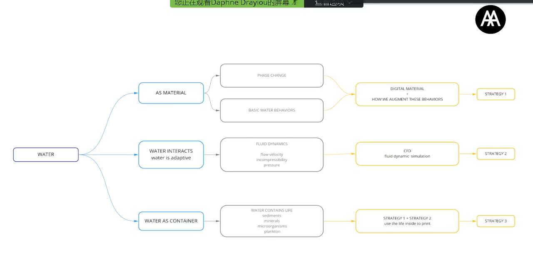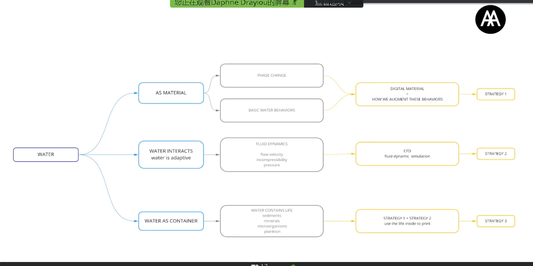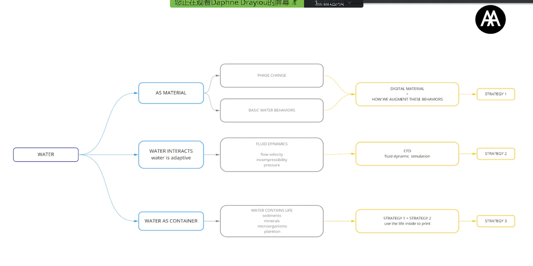I would put those two things as something that you would do after you come to terms with water as material. Meaning, I don't think that these things have to be worked on in parallel at the same time.